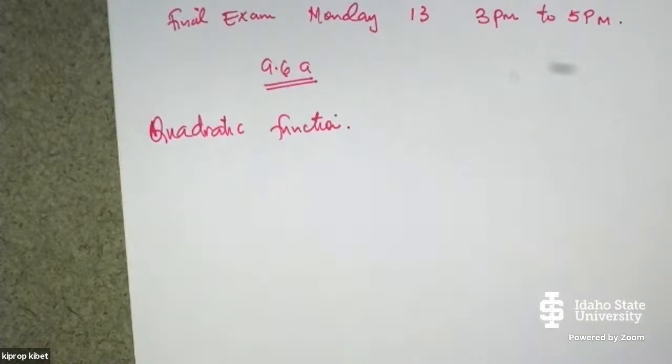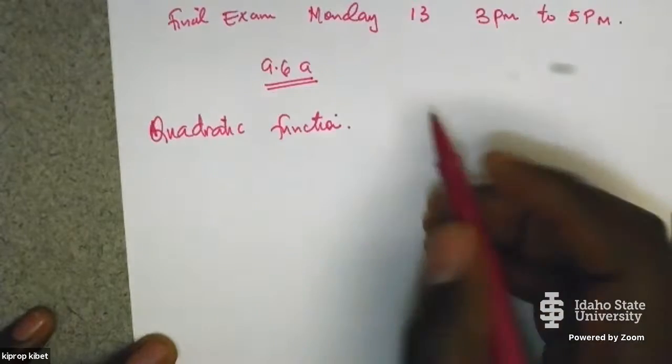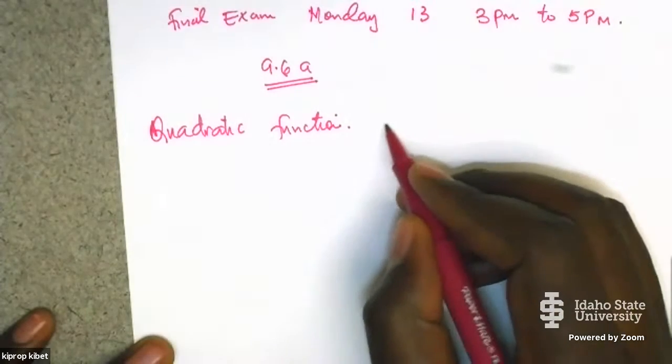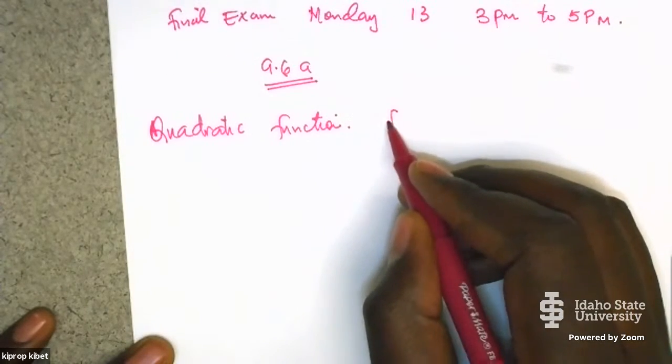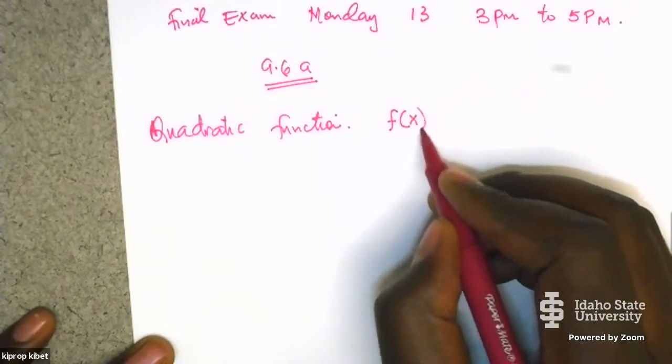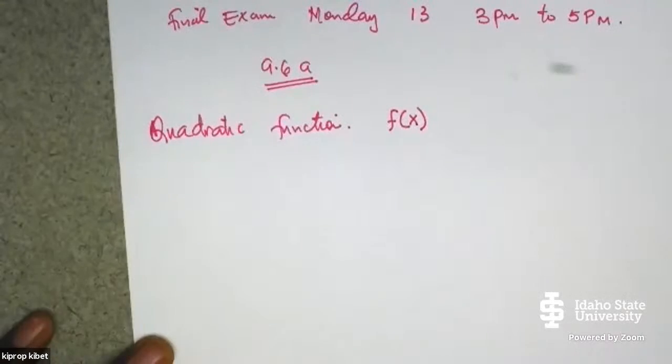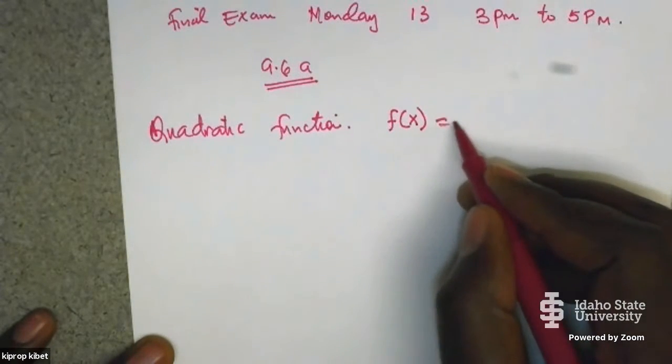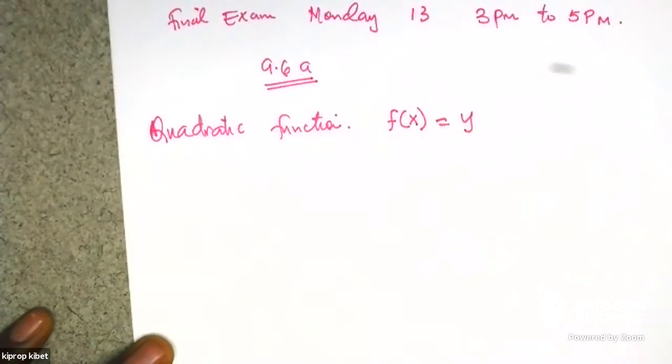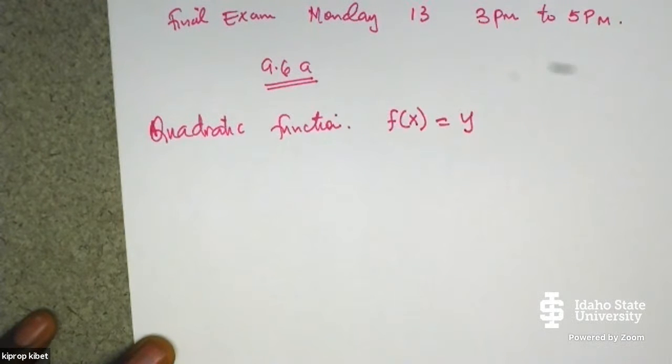We will name it as a function of x. And this function of x is actually the same as y. So f of x is equal to y.